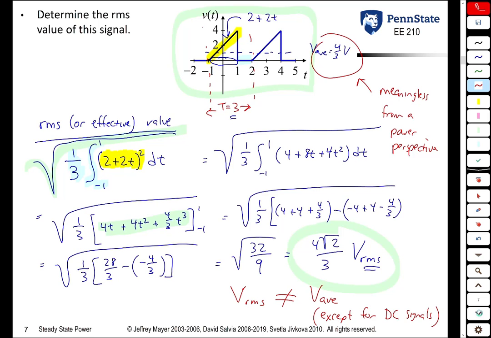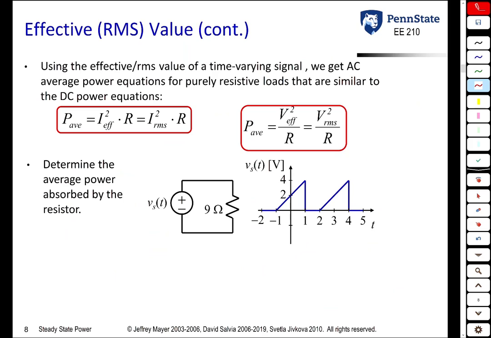So why is this RMS value important? Because we can now use this RMS, or effective value, of a time-varying signal to determine the average power absorbed by a resistive load.